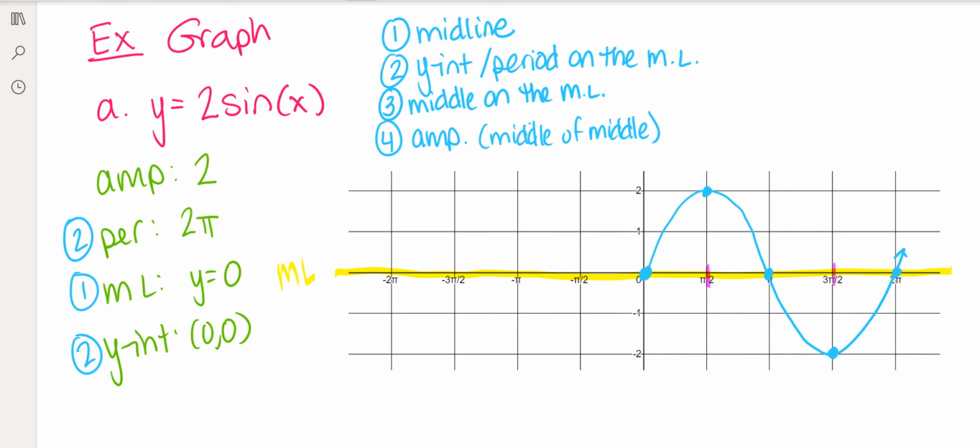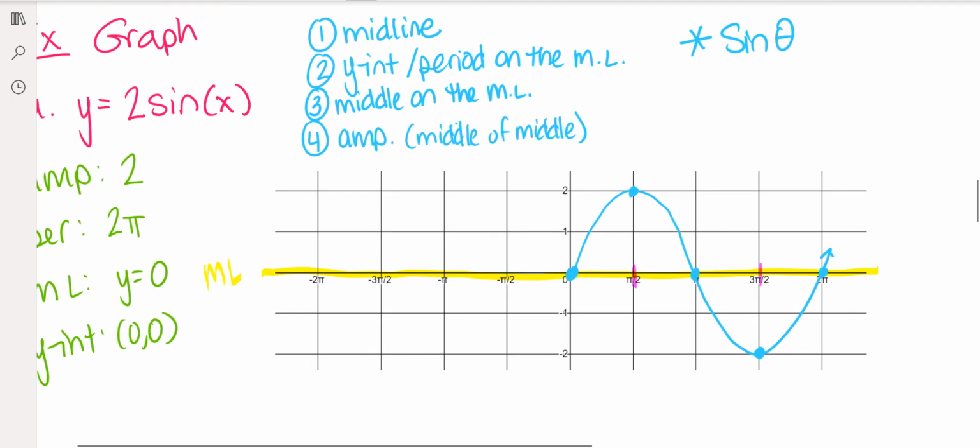Now you just have to do the one on the back side, the negative. What's really nice with this, in 6.3 we talked about how sine is an odd function. This is a big major note right now. Sine of theta is odd.